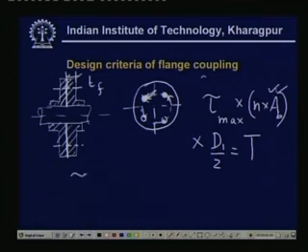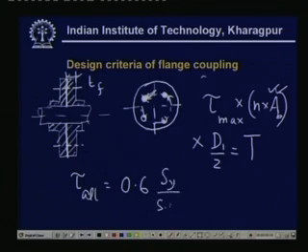Now, tau allowable, that is tau max, is normally taken to be 0.6 times S_y by S_f, that is 0.6 times the allowable tensile stress, which is the yield stress divided by the factor of safety, roughly taken to be 2 to 3.